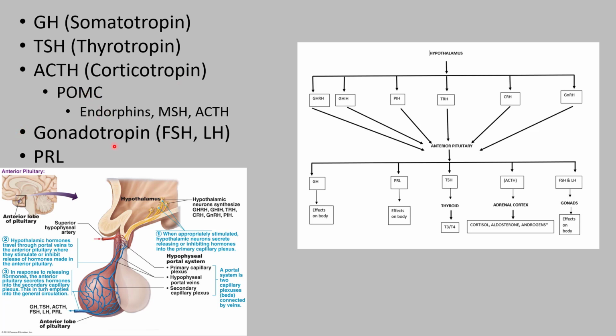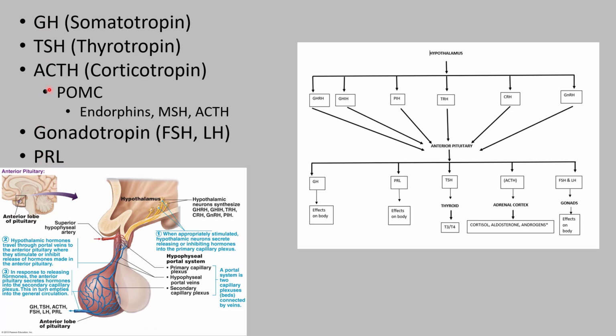We have gonadotropin, which is actually two hormones. It's follicle-stimulating hormone and luteinizing hormone. Follicle-stimulating hormone and luteinizing hormone, they're released at the same time from the anterior pituitary, and collectively they are called gonadotropin. And prolactin.